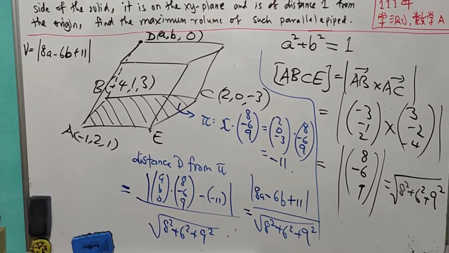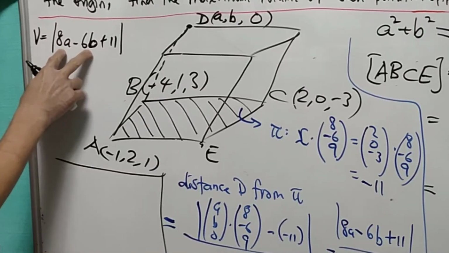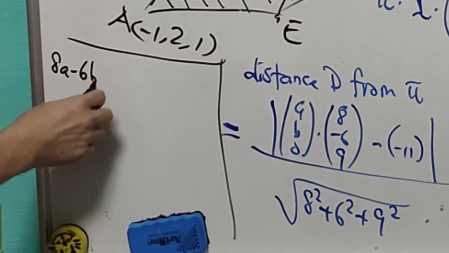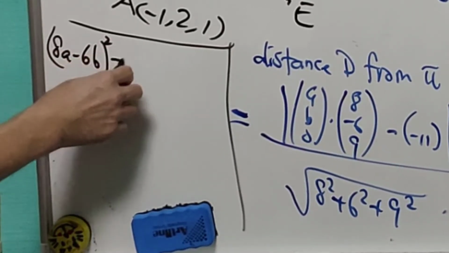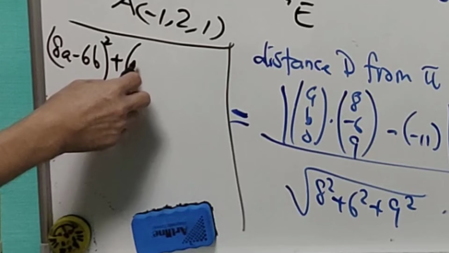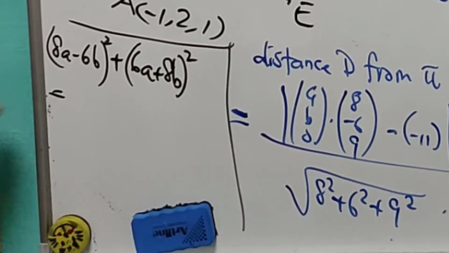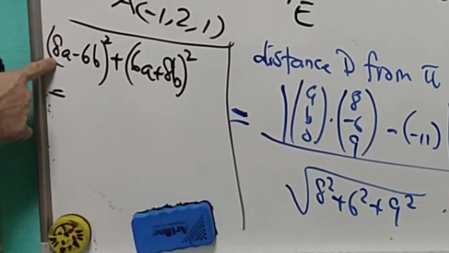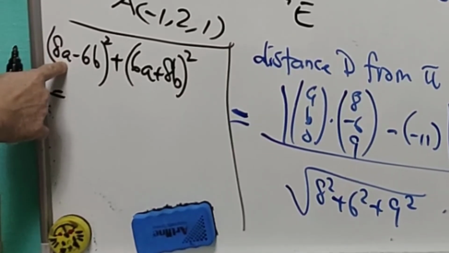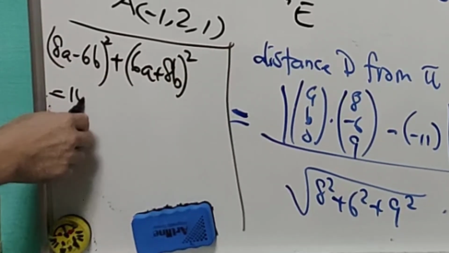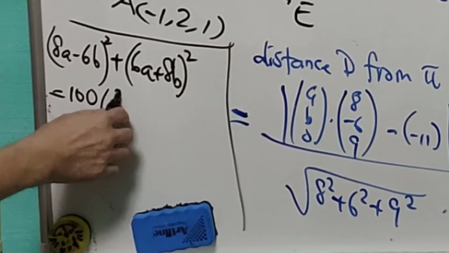Usually, people will use the Cauchy inequality to get the answer. So in order to get this 8a minus 6b, I'll put a square here, and I'll consider 6a plus 8b. After we expand this, we will have 64a squared and 36a squared, that will be 100a squared.